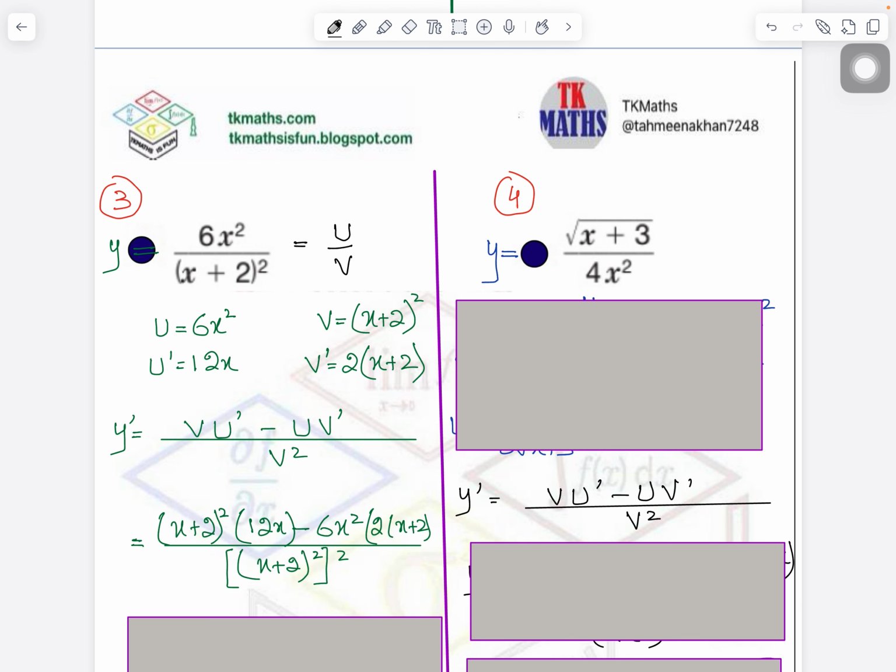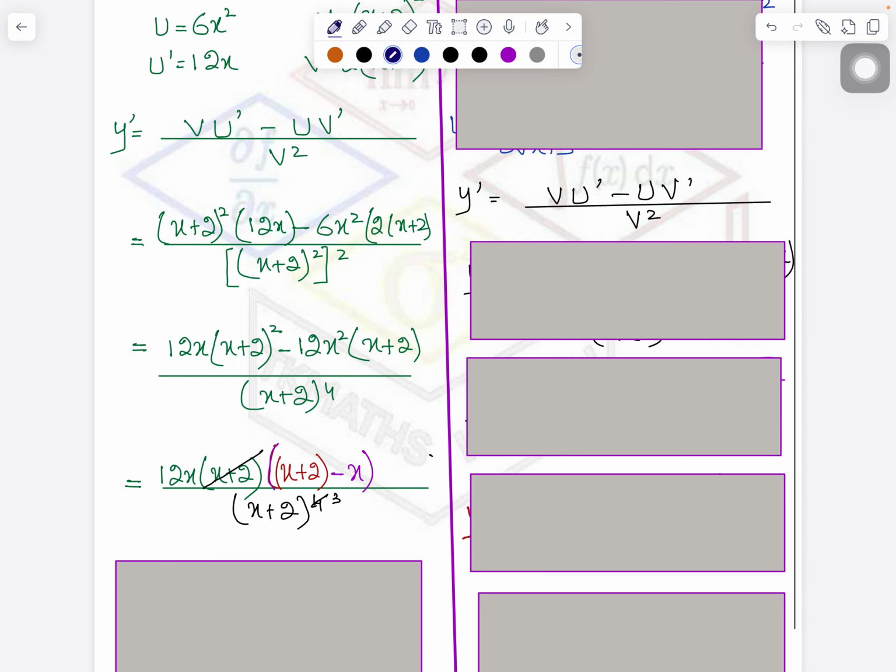Now what is happening here? It is very important to understand. If you look at this term and this term, what do you notice? The common thing is 12. I have written it here. Common is x, 1x will be left here. And then x plus 2 is common. So I'm factorizing here.